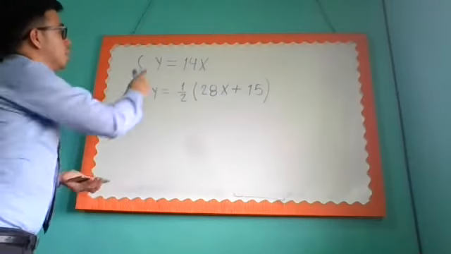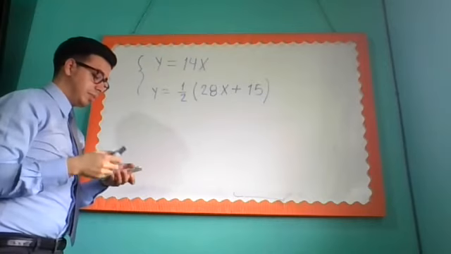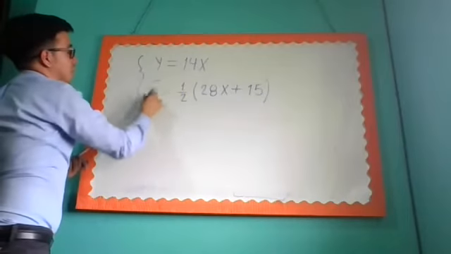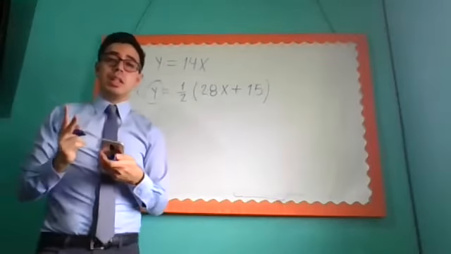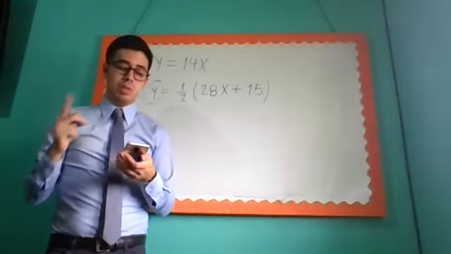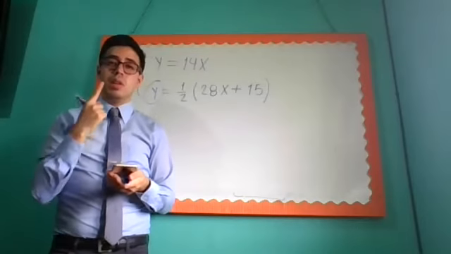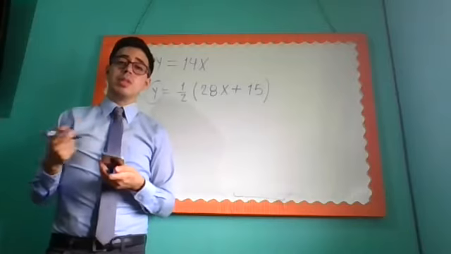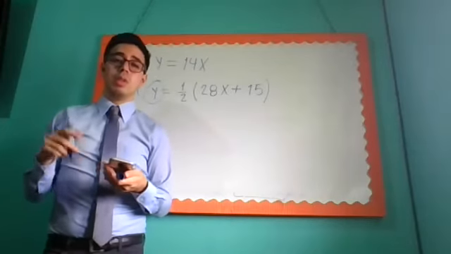Again, we need to replace the value of each variable in the other equation. Y equals 14x, so I replace this. The idea is that with the two equations we find just one equation with only one variable. I don't want to work with both variables because it's too difficult, so I reduce this to work with only one.